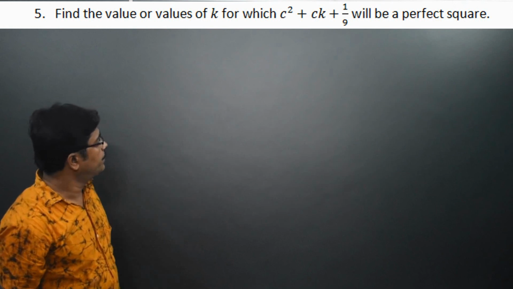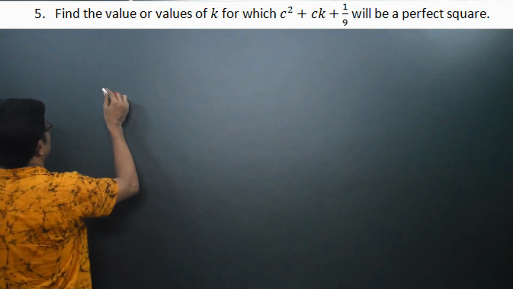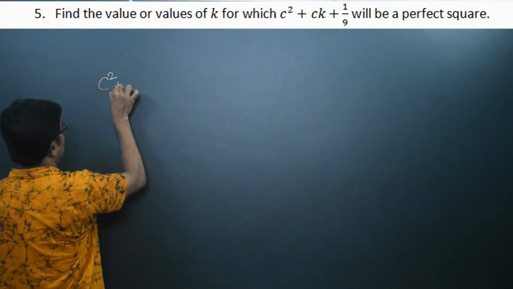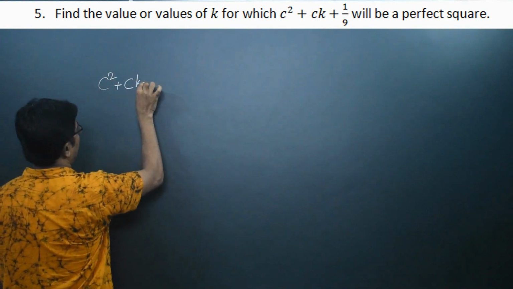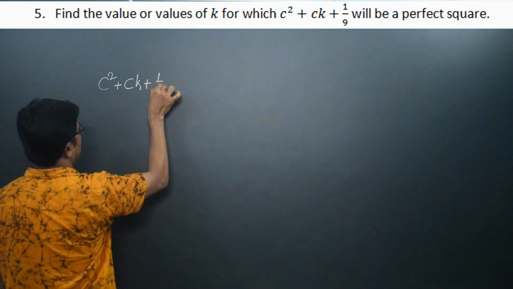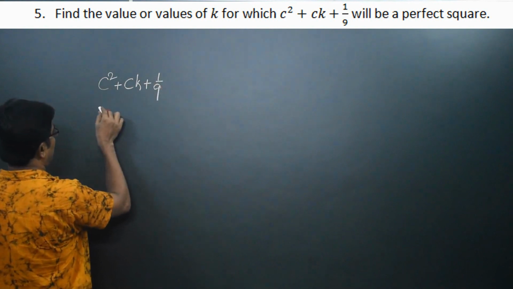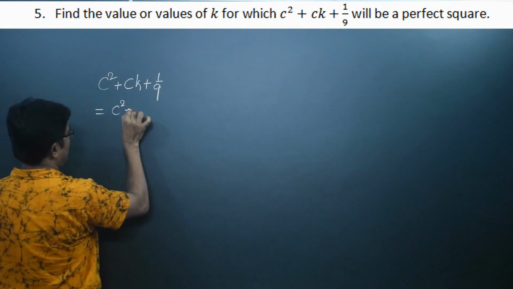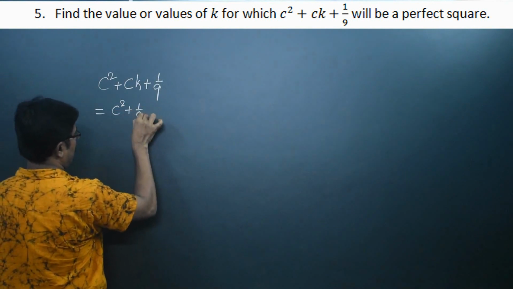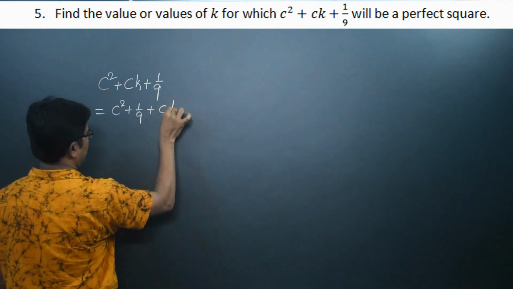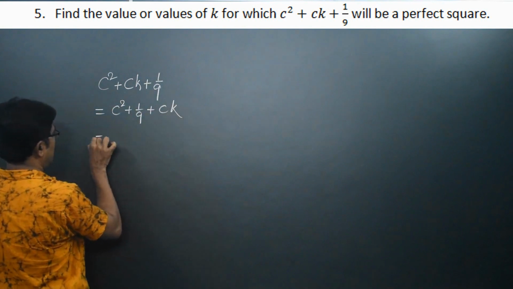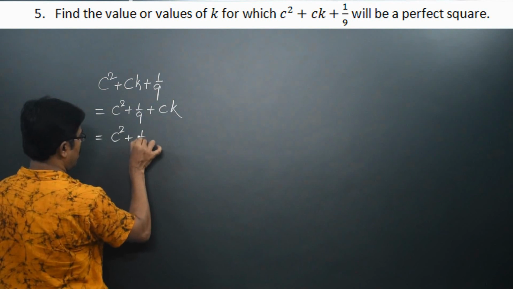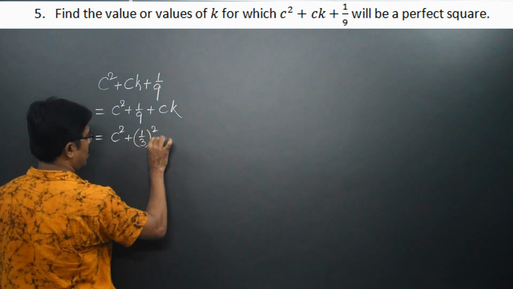Read the question. Here we are asked to find the value of k for which c square plus ck plus 1 by 9 is a perfect square. We rewrite this as c square plus 1 by 9 plus ck. 1 by 9 can be written as 1 by 3 whole square.